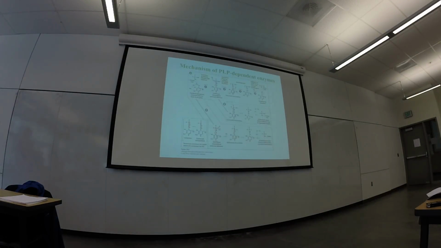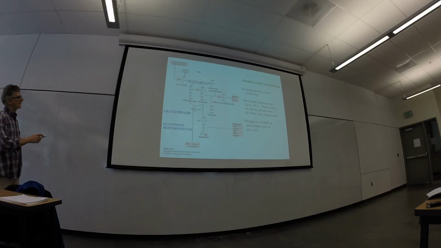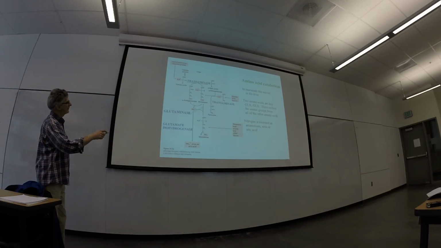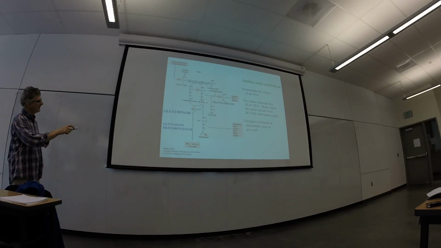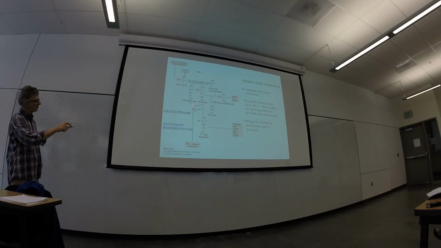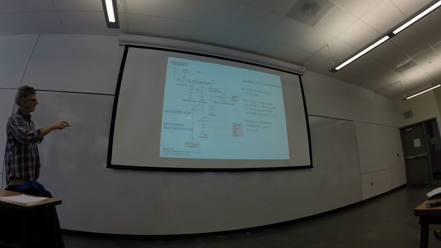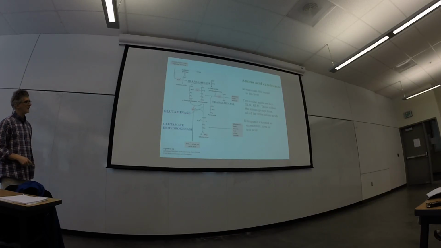Okay, so glutamate dehydrogenase. Now we can go back to here. The transaminase reaction is collecting amino groups in the form of glutamate. And the next step is to split off ammonium from glutamate in a glutamate dehydrogenase reaction.